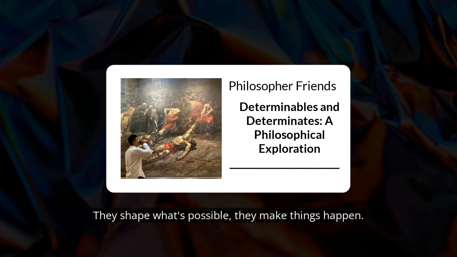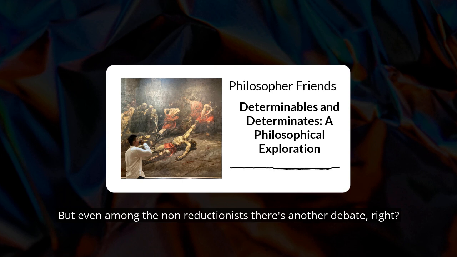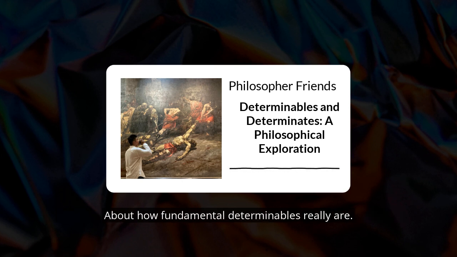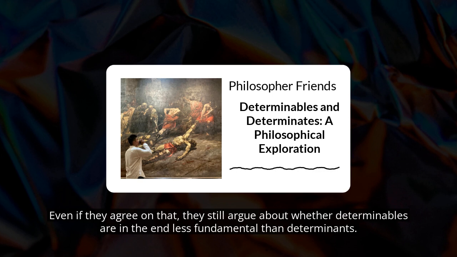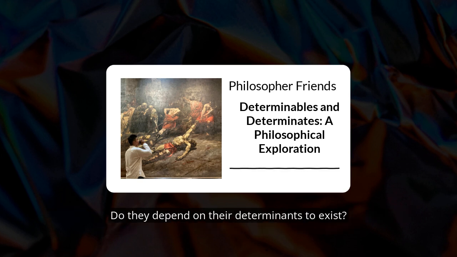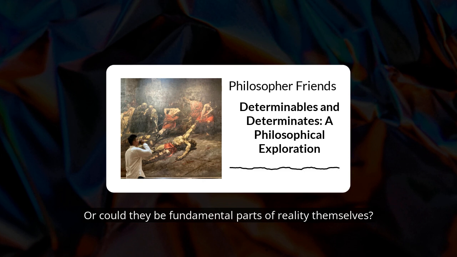They matter, they shape what's possible, they make things happen. But even among the non-reductionists, there's another debate, right? About how fundamental determinables really are. Right. Even if they agree on that, they still argue about whether determinables are, in the end, less fundamental than determinants. Do they depend on their determinants to exist, or could they be fundamental parts of reality themselves?